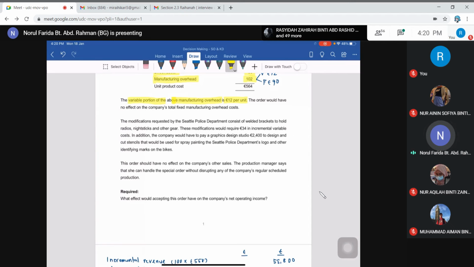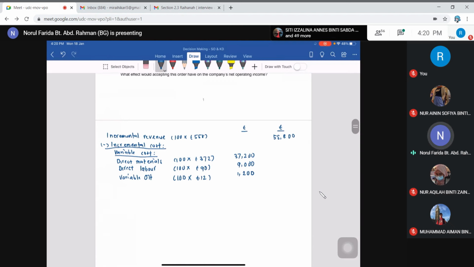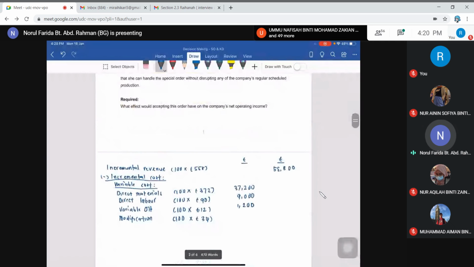So this modification requires 34 in incremental variable cost. So the modification cost is 34 per unit, so you get 3,400. That is all your variable cost.